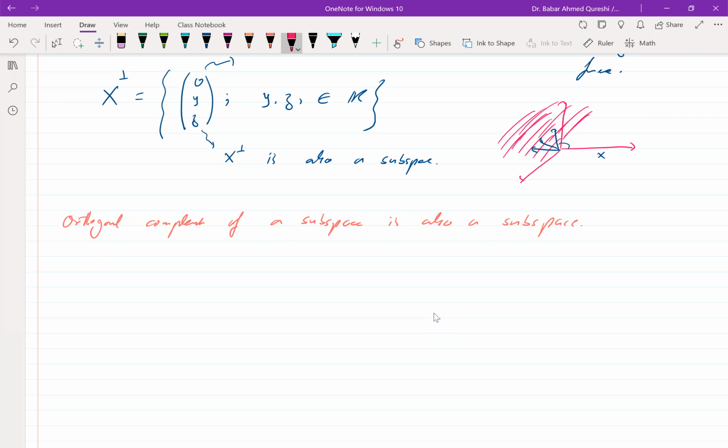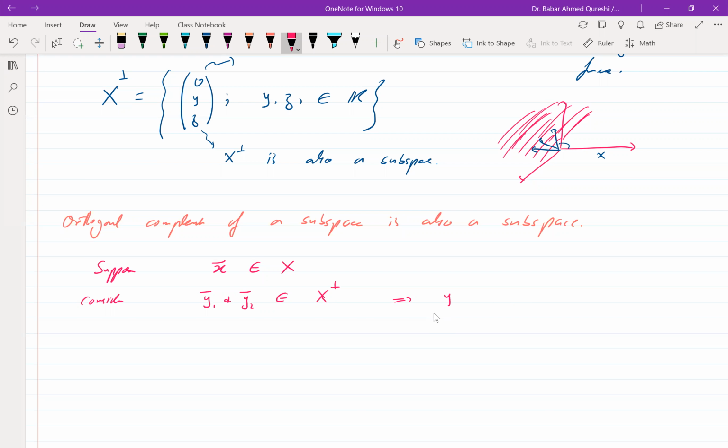How do you prove it? It's very simple. Suppose x is an arbitrary vector belonging to X. Consider y1 and y2 belonging to the orthogonal complement of X. What would this mean?